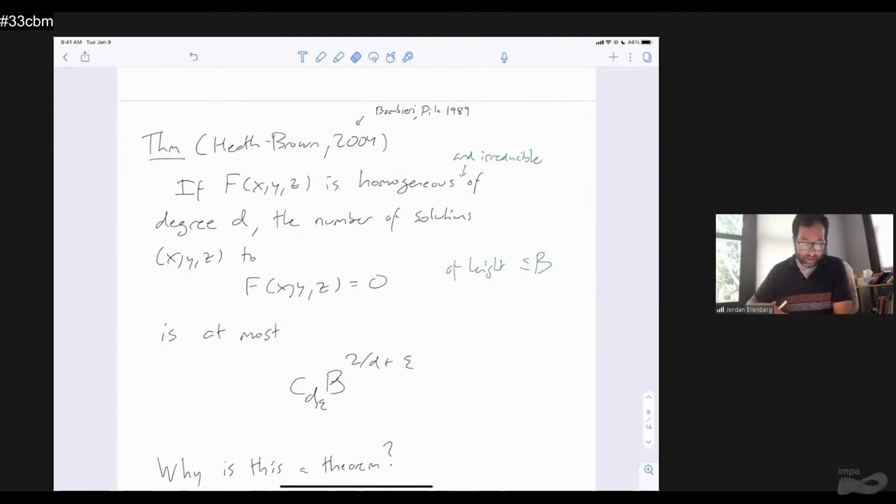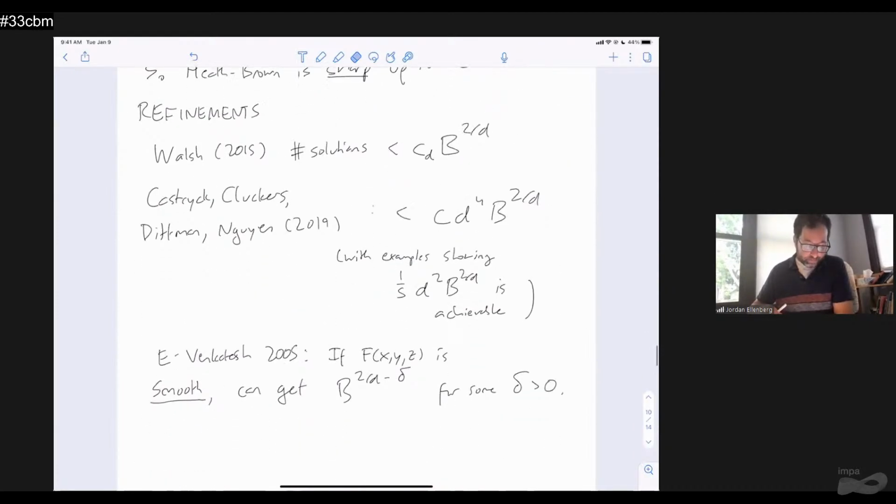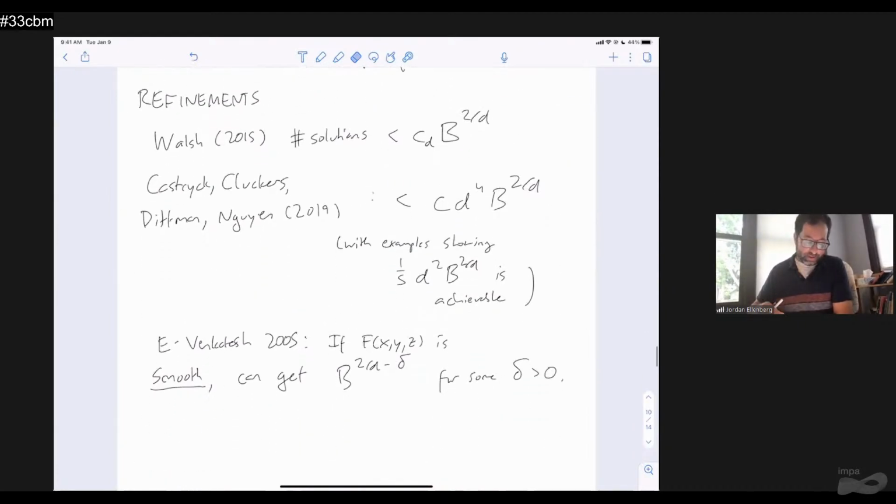Would you be able to do any better? And the answer is yes. This is when Akshay and I first thought about this: we showed in 2005 that if you give yourself this additional hypothesis of smoothness, and I should say this is also in the case d bigger than 3, then you can get some very slight improvement over the exponent of 2 over d.